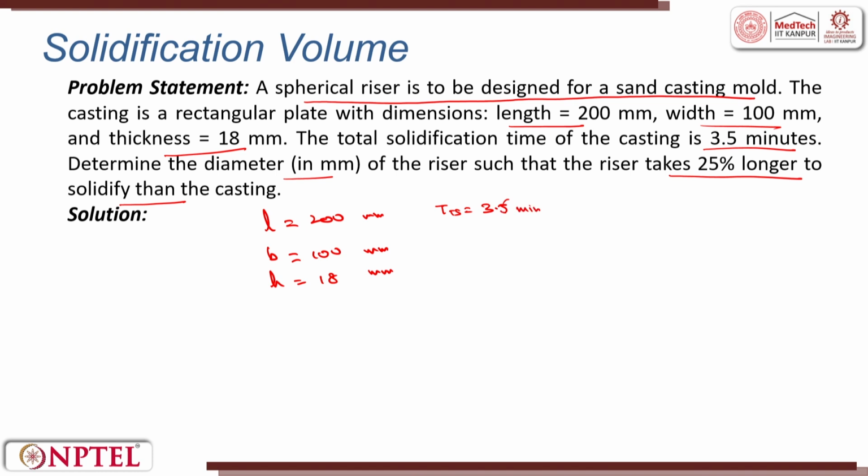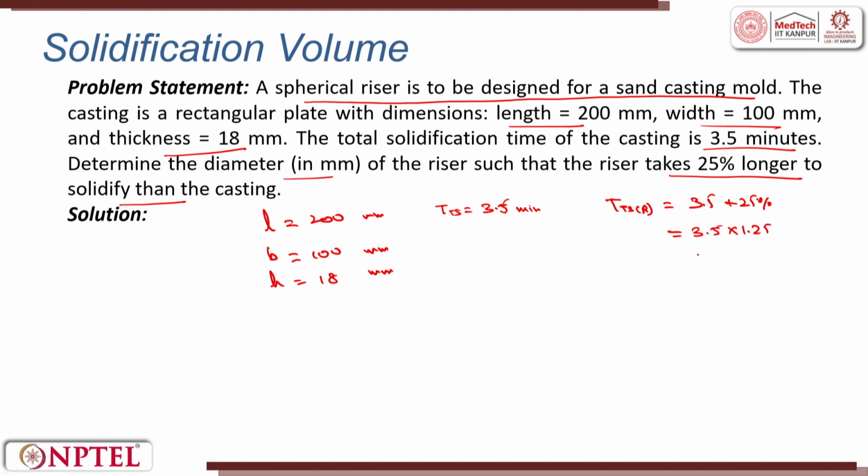For the riser, they say it takes 25% longer, which means TTS, I will put it as R for riser, is equal to existing time plus 25%, which is equal to 3.5 into 1.25, it is a 25% rise.